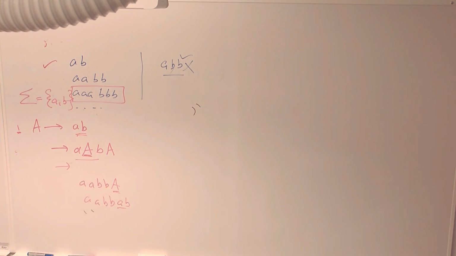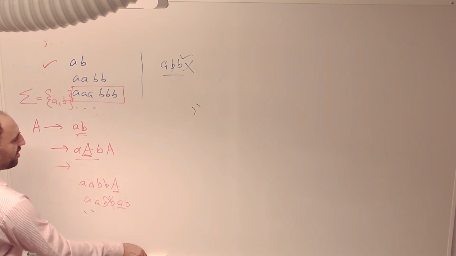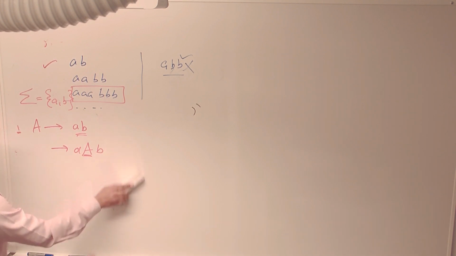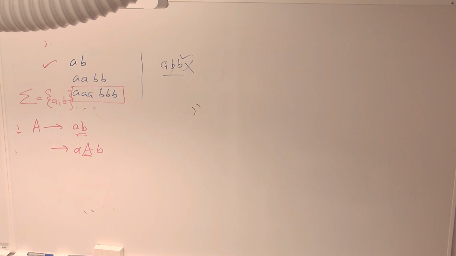Then it's no. A should not be in the middle. A should always be at the start. Because if you see over here, A must be at the start, and then it's followed by B, and the number of B's should be the same as the number of A's. By removing the last, yes, exactly, then it will always be added in the middle.